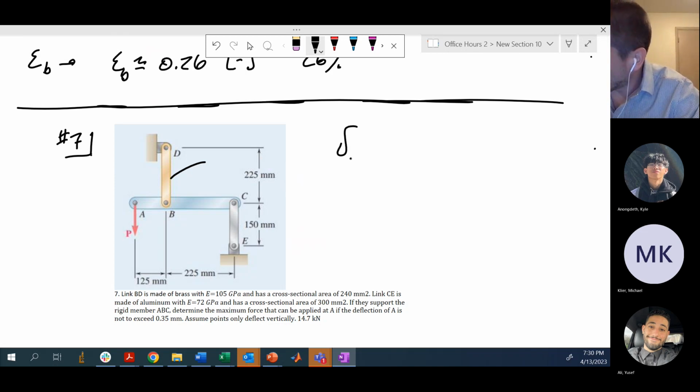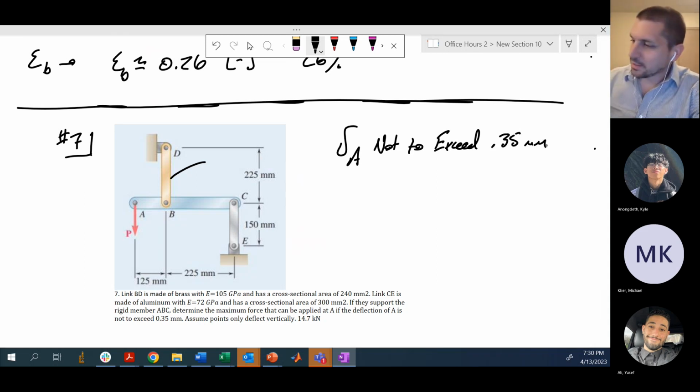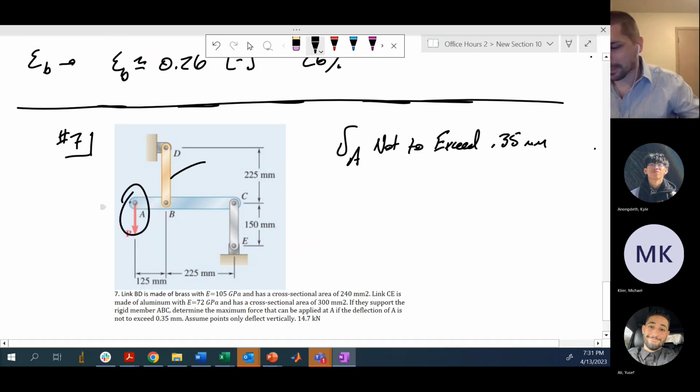Well, we know the deflection at A is not to exceed 0.35 millimeters. Okay. So I'm going to load this on this particular side, and what's going to happen?